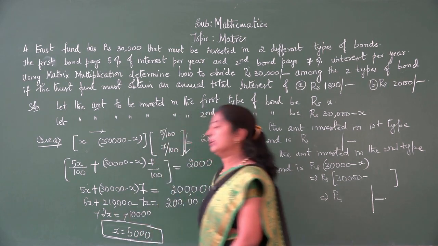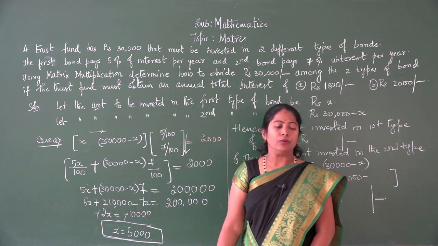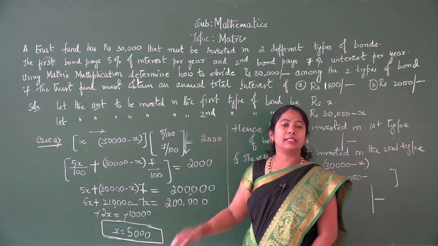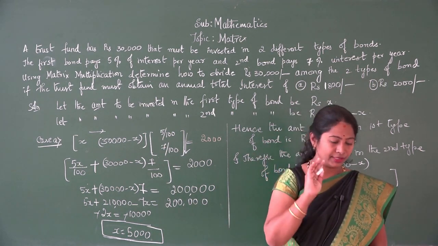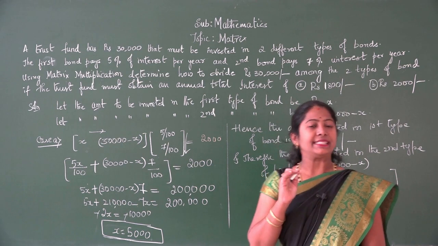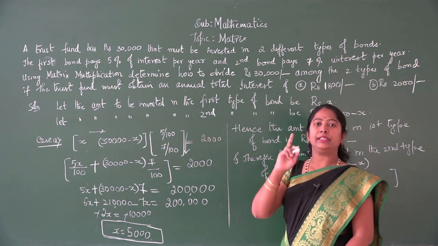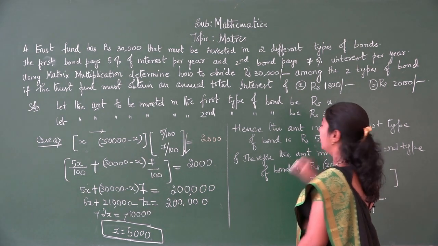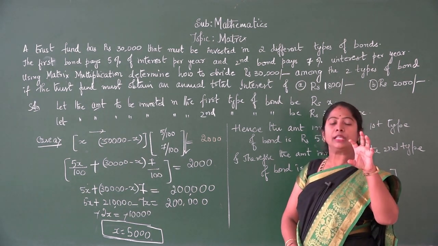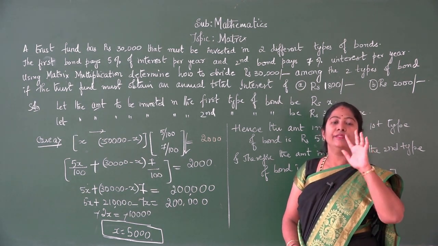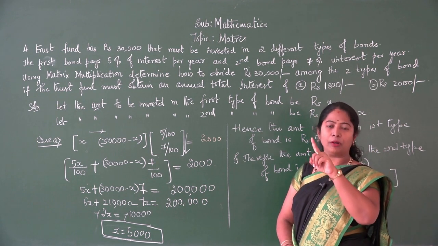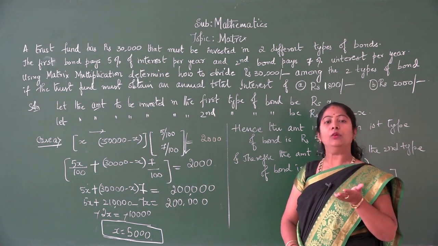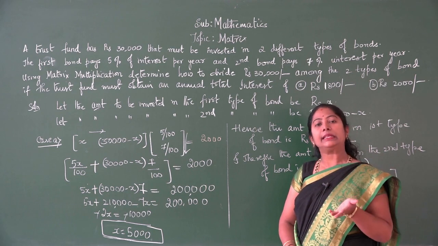So what is x equal to? X equal to 5,000. So what does x represent? That is the amount to be invested in the first type of bond. Hence we can say that the amount to be invested in the first type of bond is rupees 5,000. Among the principal amount of 30,000, if we invest 5,000 in the first type of bond, what is the amount left over that has to be invested in the second type of bond?